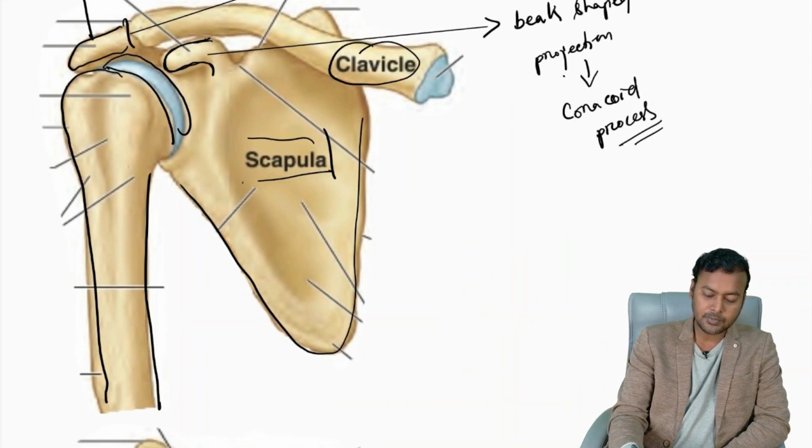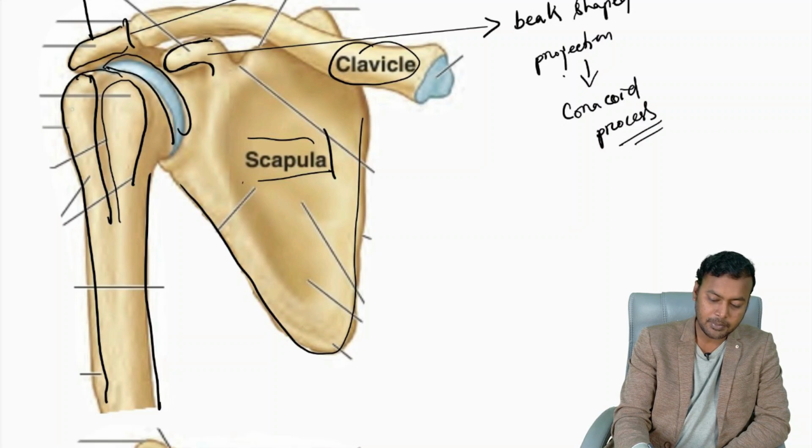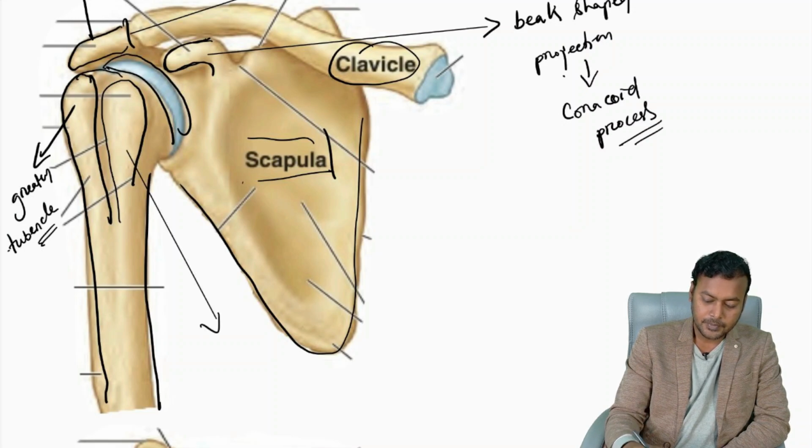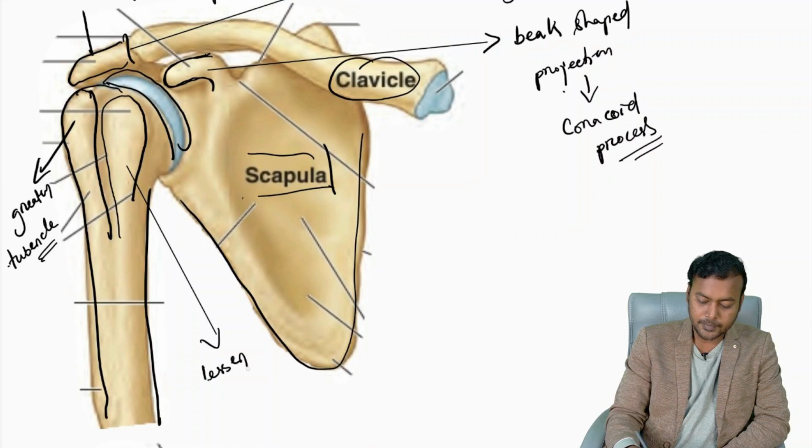Now, on the shaft of the humerus, beginning from the head, there is some elevation. This laterally placed elevation is the greater tubercle, whereas this is the lesser tubercle.